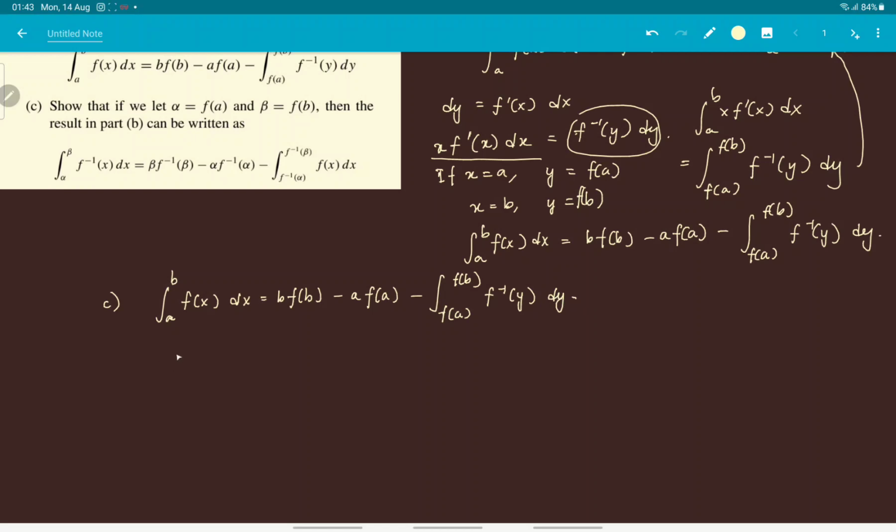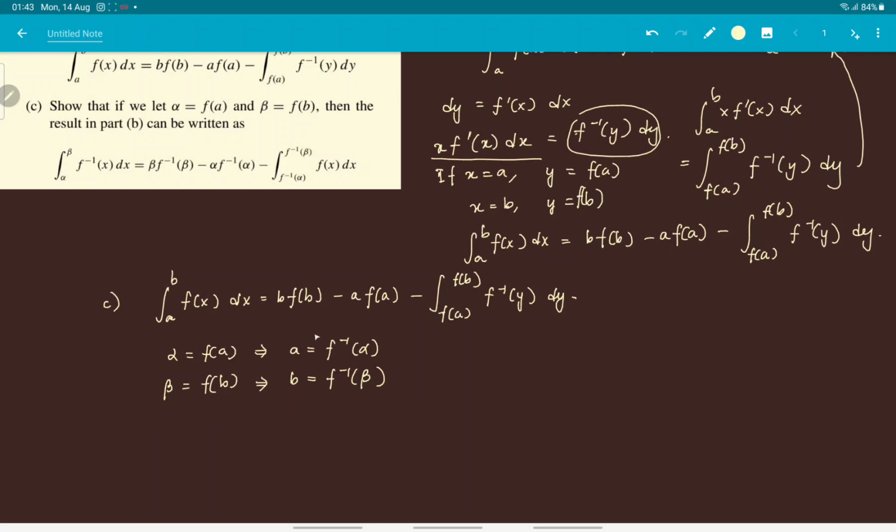Now we have alpha equals f(a), which means that a equals the inverse of f(alpha), and also beta equals f(b), which implies that b equals the inverse of f(beta). Since f is invertible, this statement is true, so it's not a problem to say that.